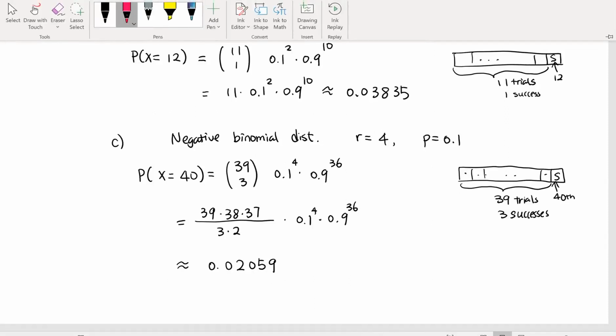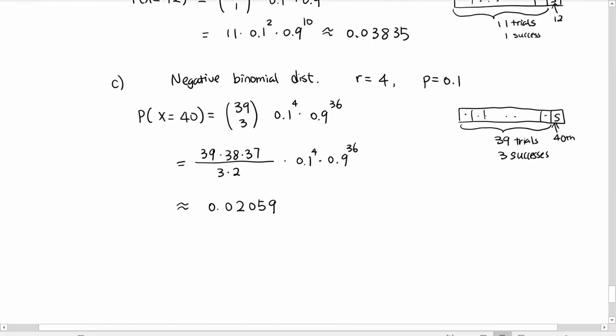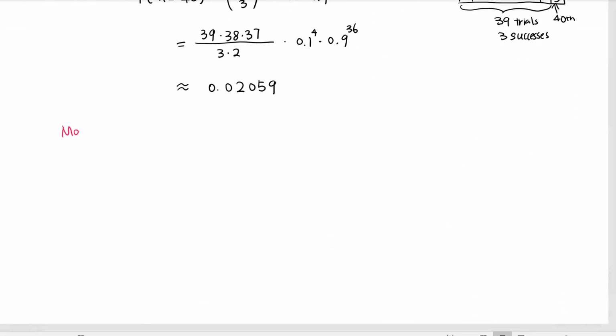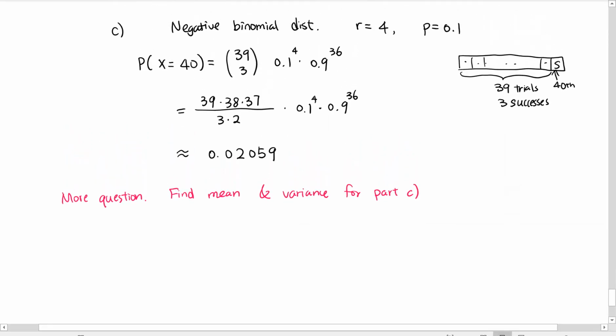All right. Let me ask you more questions. Find the mean and the variance for part C, the distribution in part C. So in part C, we know it's negative binomial distribution with R is 4 and P is 0.1.